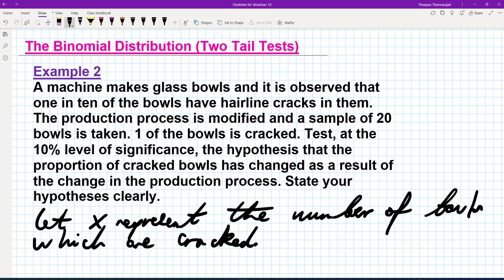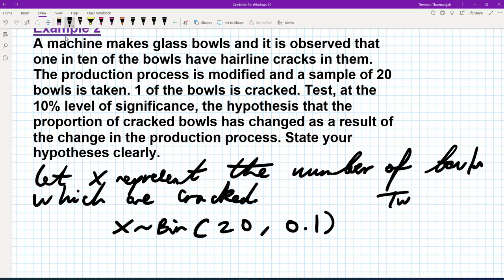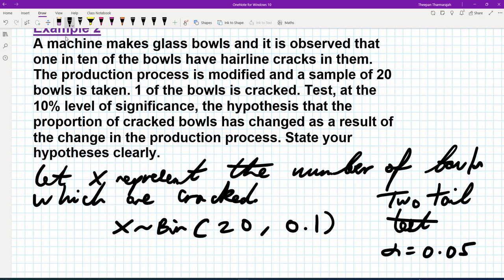Now x follows the binomial of, well, we have 20 bowls. Now 1 in 10 is cracked, so that's going to be 0.1. And don't forget, it's a change. We want to find out the change, so it's a two-tail test. So the level of significance is 10%, but we need to halve it, so alpha will be 0.05.